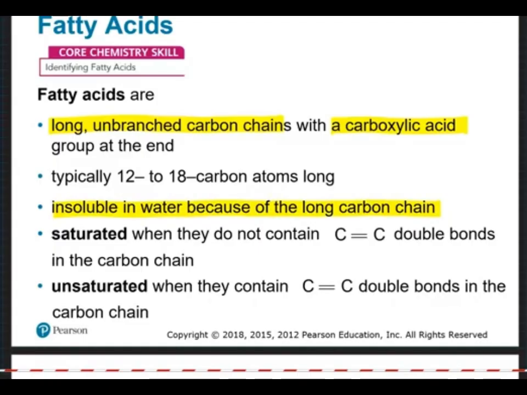When all bonds within that carbon chain are single, we call these fatty acids saturated. Very much like hydrocarbons, the alkanes, we call them saturated hydrocarbons because they do not contain any double bonds. When there is a double bond, one or more, those fatty acids are called unsaturated.